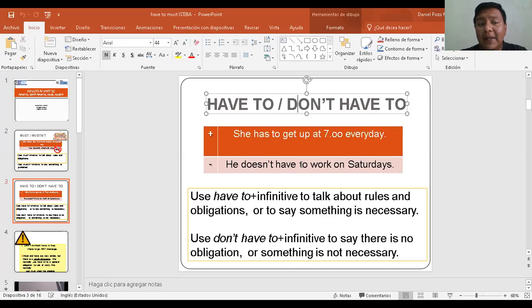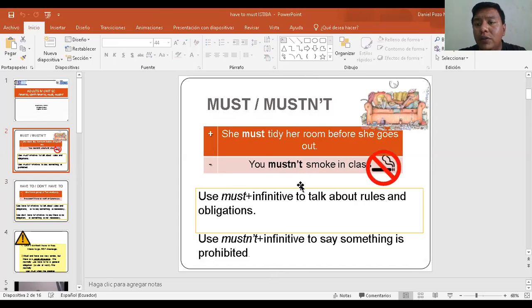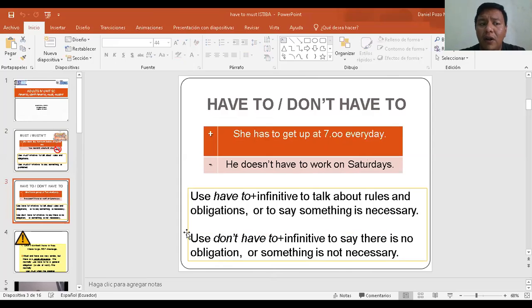Entonces, miren la diferencia. Veamos la regla. Use have to plus infinitive to talk about rules and obligations or to say something is necessary. Use don't have to plus infinitive to say there is no obligation or something is not necessary. Entonces, si yo utilizo must para obligaciones y también utilizo have, ¿cuál de los dos puedo utilizar mejor?